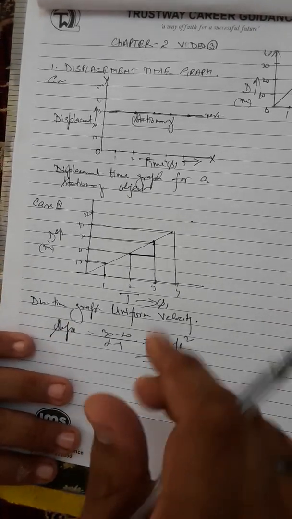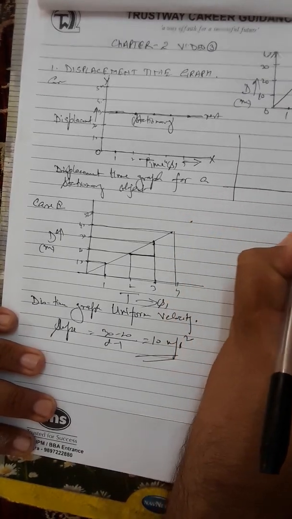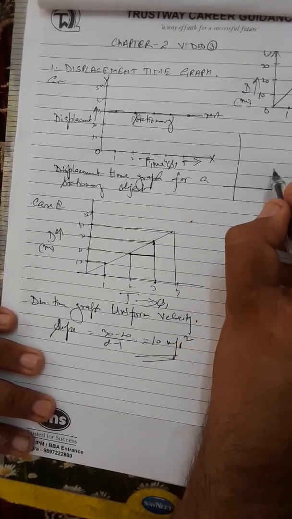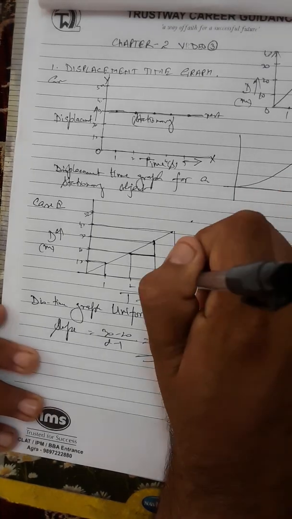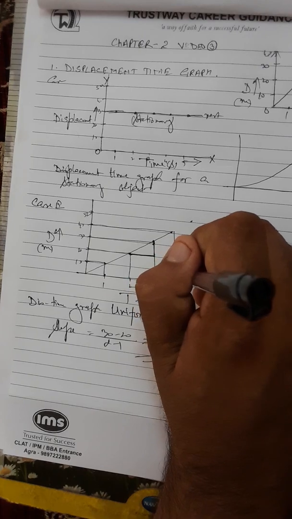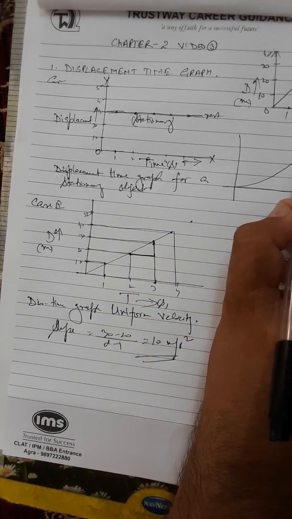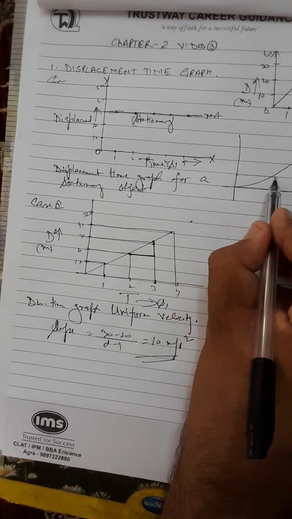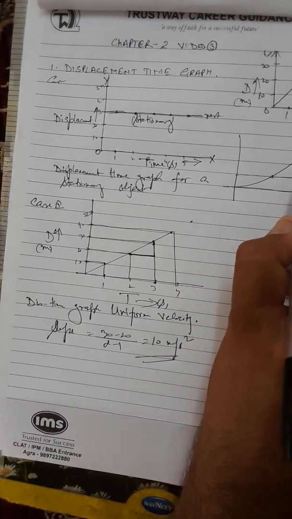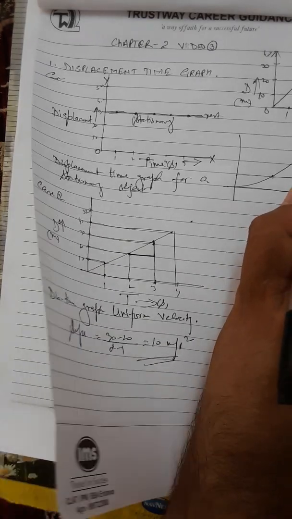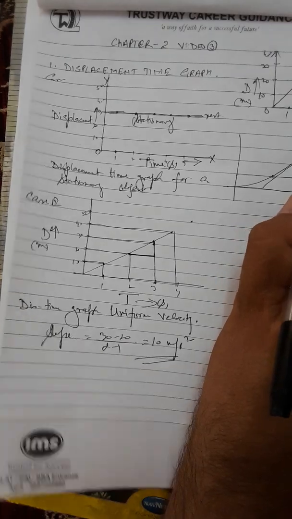Case fourth, displacement time graph with variable velocity. If the body moves in a curve, then we can calculate the slope by this.